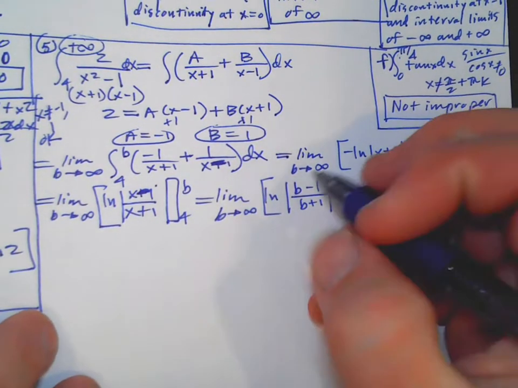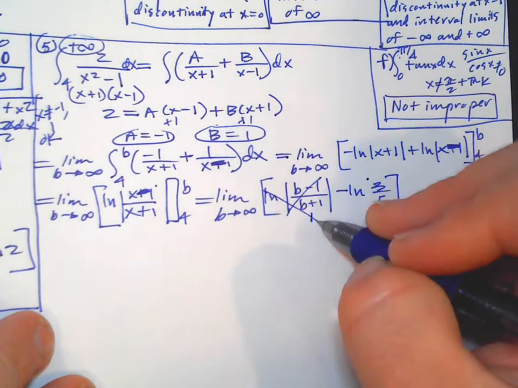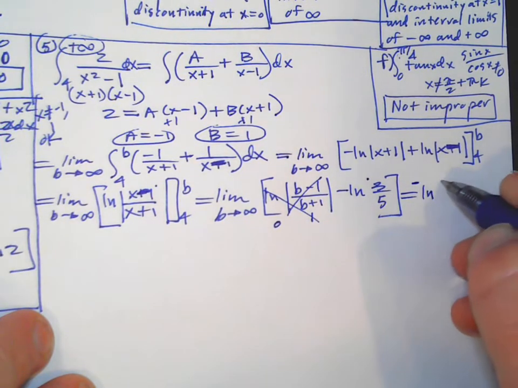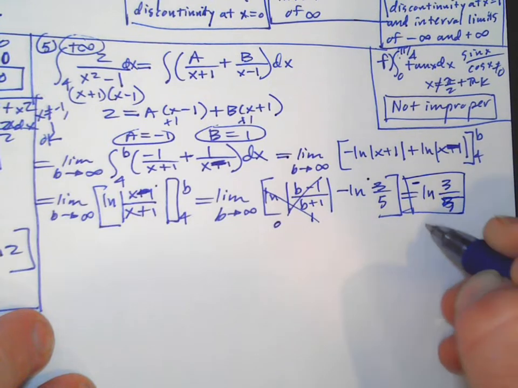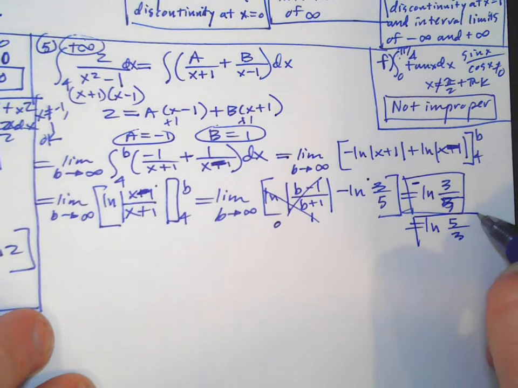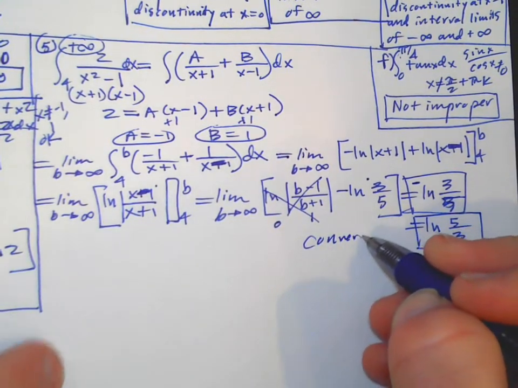As b goes to infinity, this gives you infinity over infinity, which then gives you 1, and natural log 1 is 0. So the final answer is negative natural log of 3/5, or you could write it positive natural log of 5/3, bring the negative in as an exponent. But it converges.